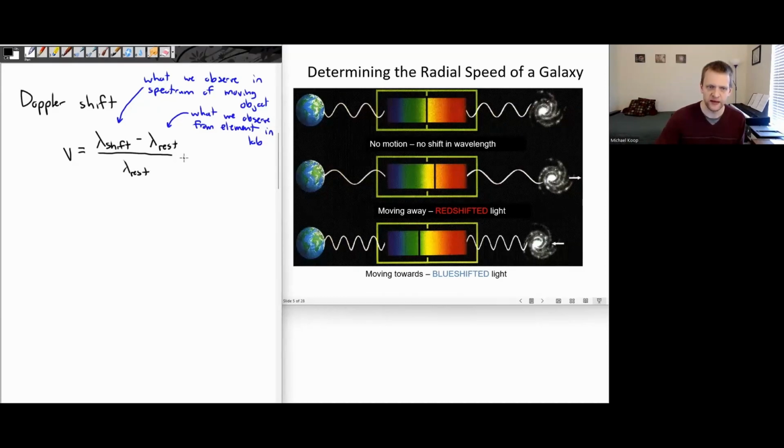And then all of that multiplied by the speed of light. And for these calculations, we're going to look at these speeds specifically in kilometers per second. So for the speed of light, we can use 3 times 10 to the 5 kilometers per second.